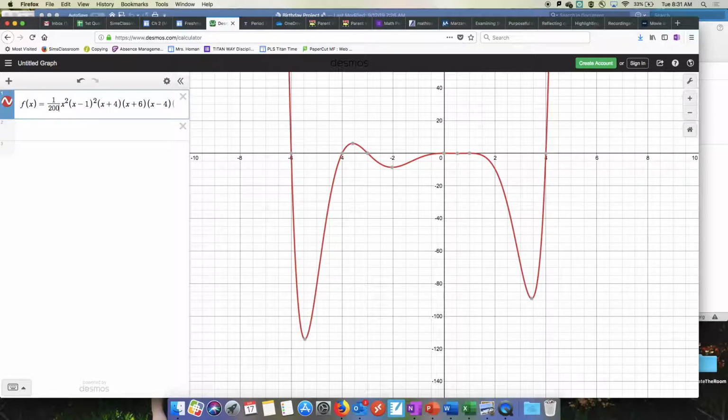Please use Desmos. Okay, you can use it on your phone, you can use it on your computer, but watch. Do you see how there are points highlighted, like right here? It's highlighting an x-intercept. I mean, you know the x-intercepts already, but it highlights them. Also, it highlights your minimums and maximums.